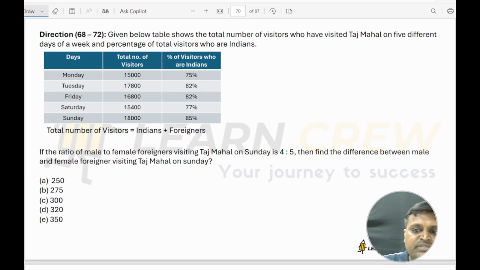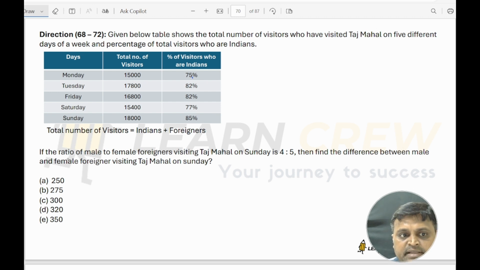Questions 68 to 72 are based on the DI visitor table. It shows days, total number of visitors, and the percent of visitors who are Indians. So 75% are Indians on Monday means the remaining 25% are foreigners. Indian visitors plus foreign visitors is equal to the total number of visitors.